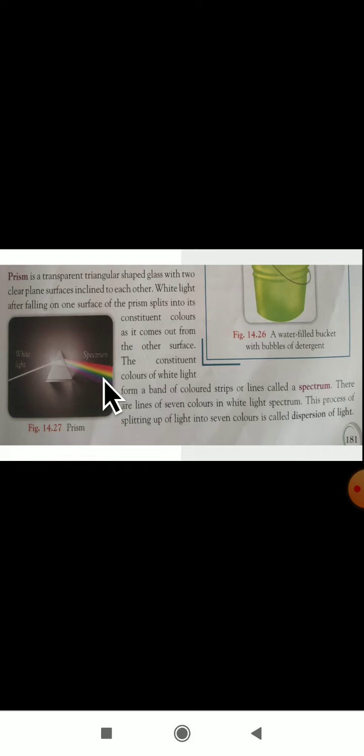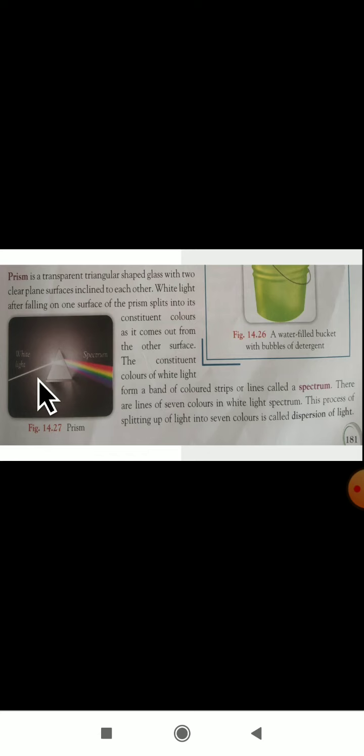The constituent colors of white light form a band of colored stripes or lines called a spectrum.